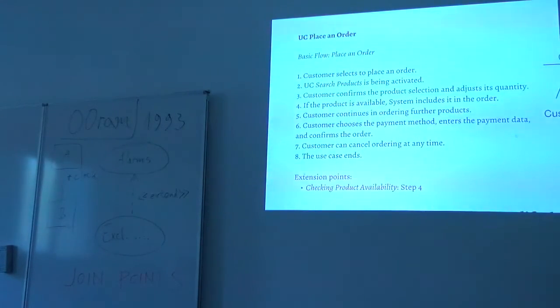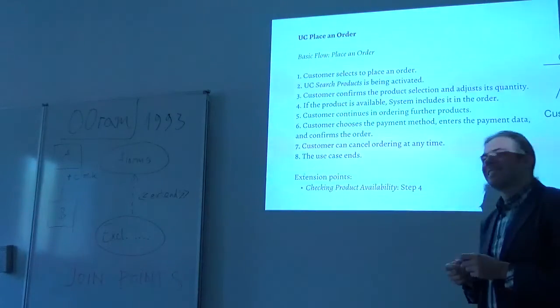In AspectJ, do you mark your join points? Do you say this is the join point that I want to catch? Yeah, we are talking about some events that we are going to catch. But this fourth step is not an aspect.